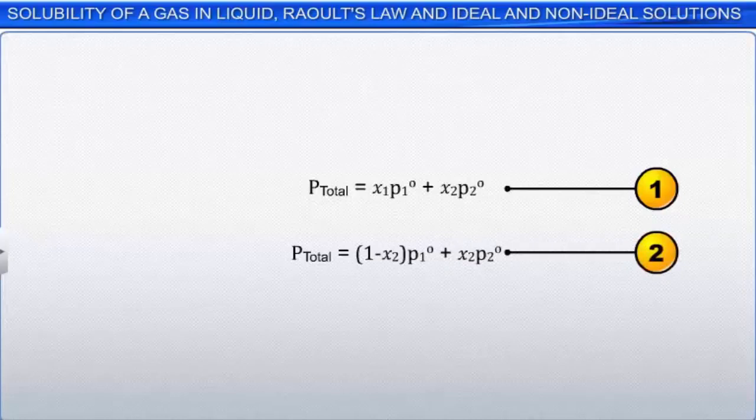In the equation thus obtained, we can see that P total is a linear function of mole fraction x2 as P1 naught and P2 naught are constant at a particular temperature.